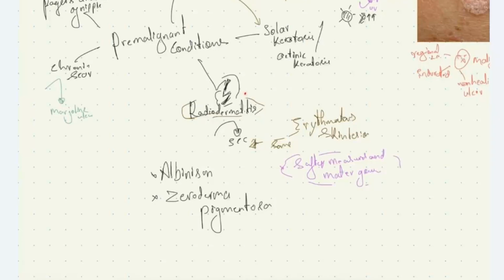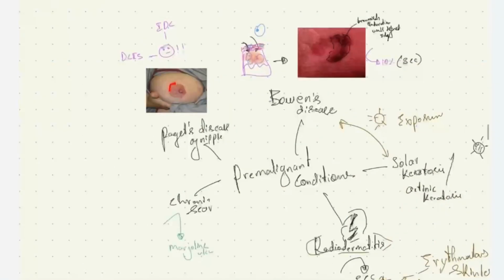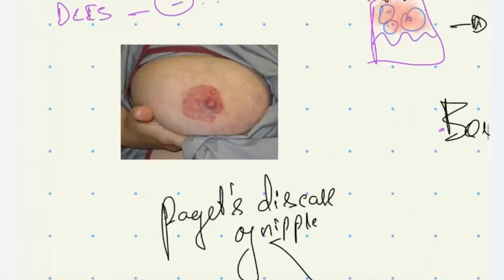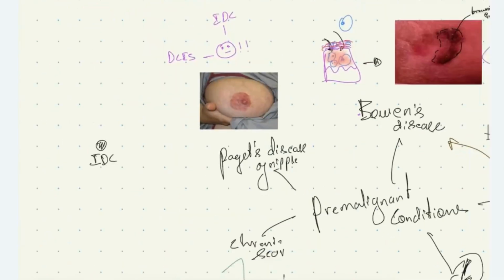Radiodermatitis. Then we have Paget's disease of nipple, one of the pre-malignant conditions. In Paget's disease of nipple, we see a plaque-like erythematous lesion. The most accepted theory of the cause of Paget's disease of nipple is the spread of cancerous cells from the intraductal carcinoma to the skin through lymphatics, leading on to the deposition of malignant cells in the skin and development of this lesion.